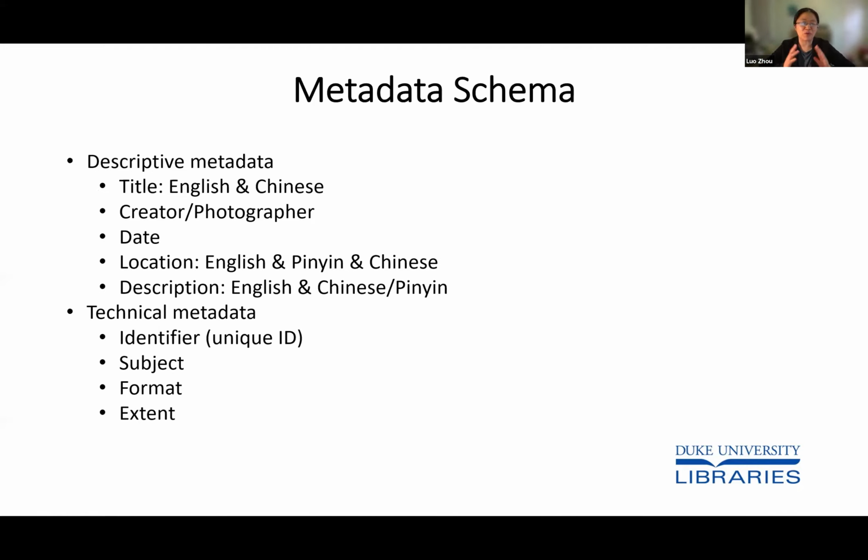As you can probably figure, it is title, creator or photographer, in this case the date, the location, and the description. And the archivist is more involved in the technical metadata. And of course, we work with each other on all the fields, as I explained. So we actually work on the Google spreadsheets.